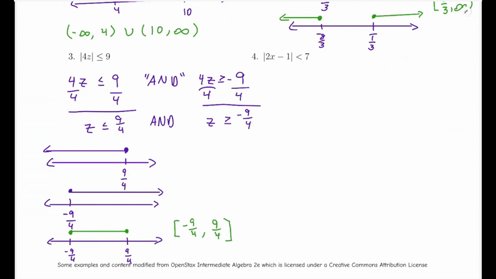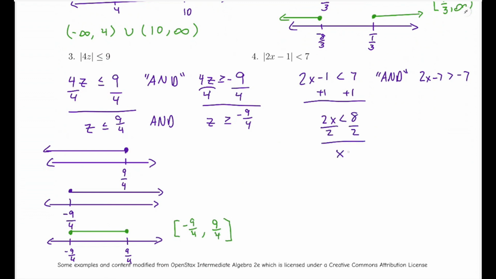And finally, number 4. We get 2x minus 1 less than 7 and 2x minus 1 greater than negative 7. And now I solve these separately. Get 2x less than 8, x less than 4, and x greater than 0.